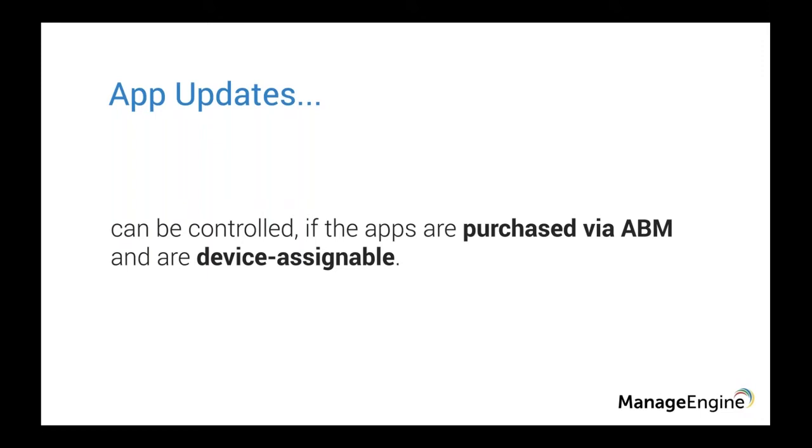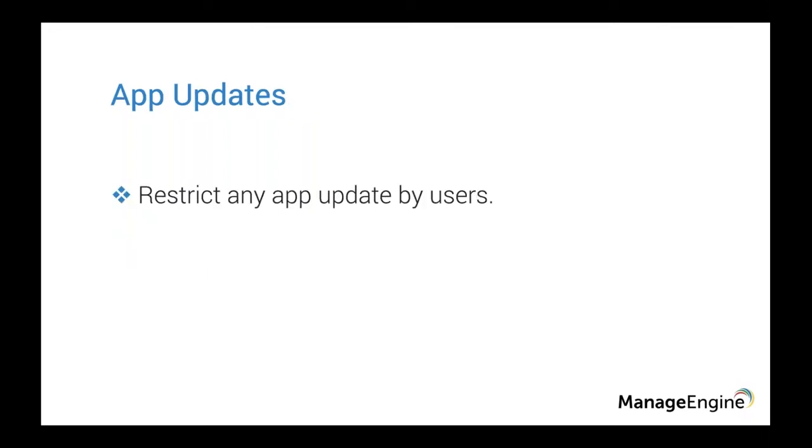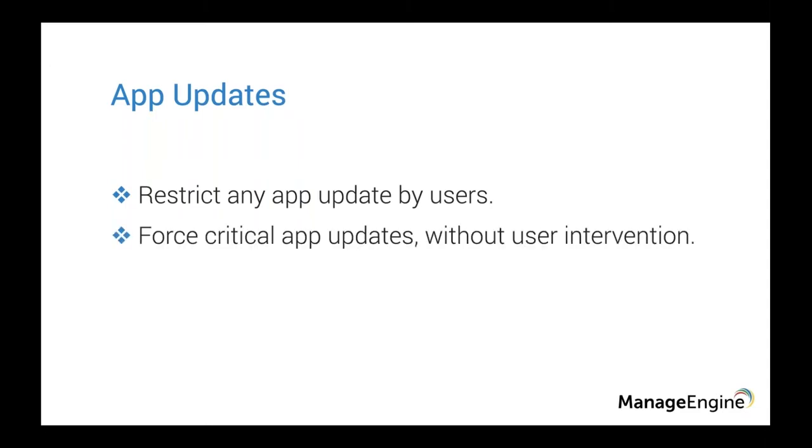However, if the apps are purchased via ABM and they are marked as device assignable, the App Store will no longer be able to contact the device regarding any such updates. So essentially what happens is you can restrict any app update by the users and also force critical app updates directly from the MDM server without any user intervention.